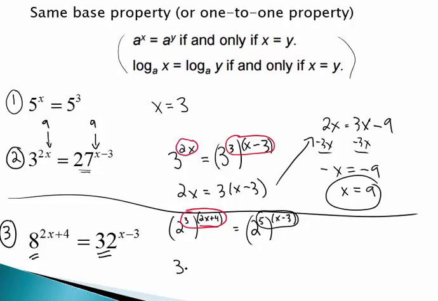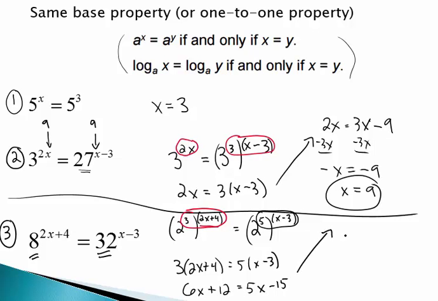So it would be 3 times 2x plus 4 equals 5 times x minus 3. Now multiply and solve this basic linear equation. I'm going to subtract 5x from both sides. And then I'll subtract 12.